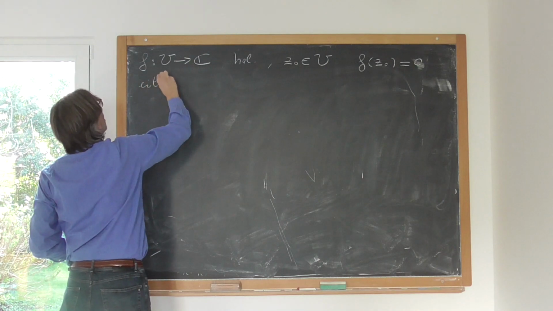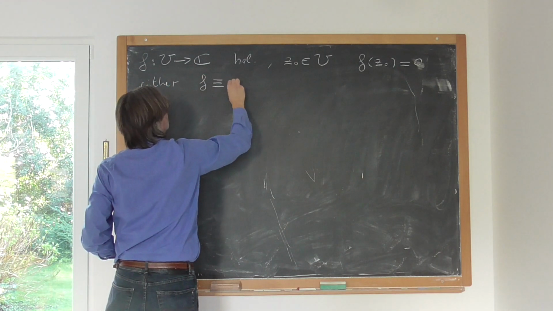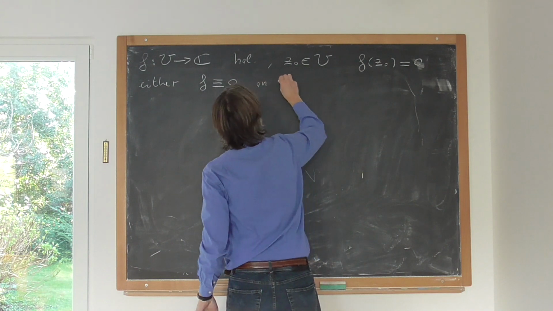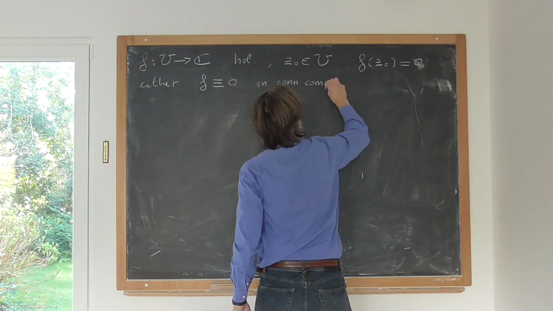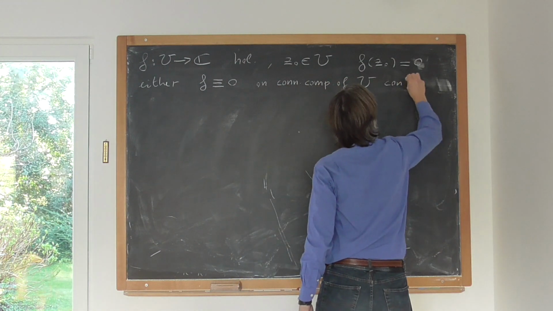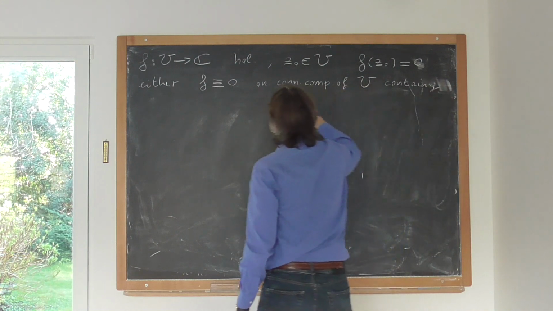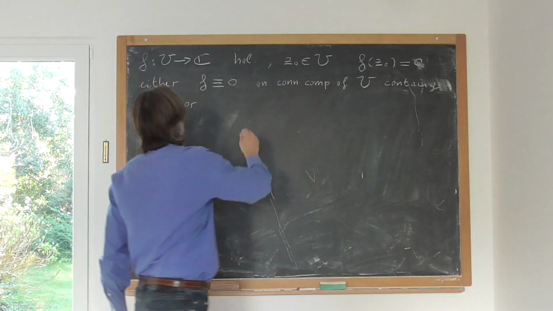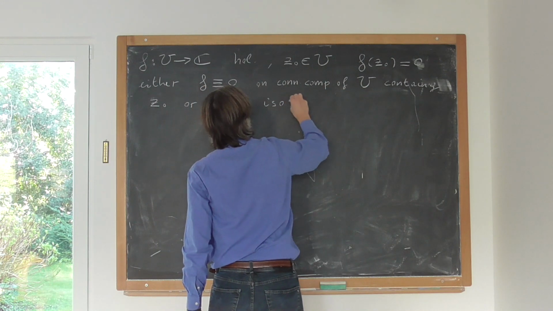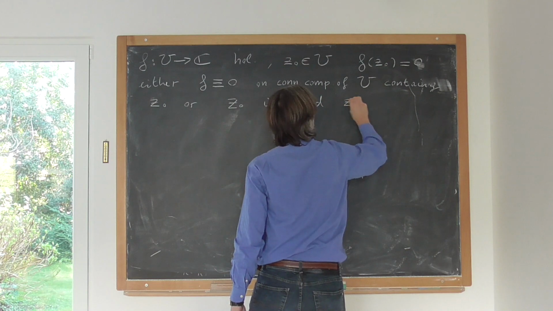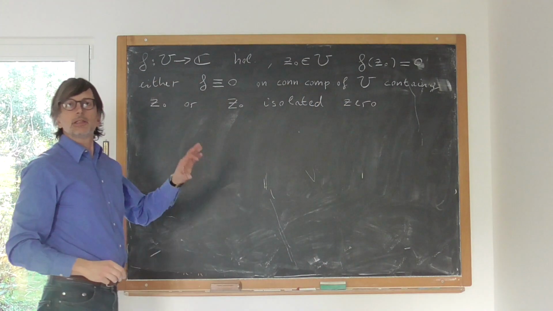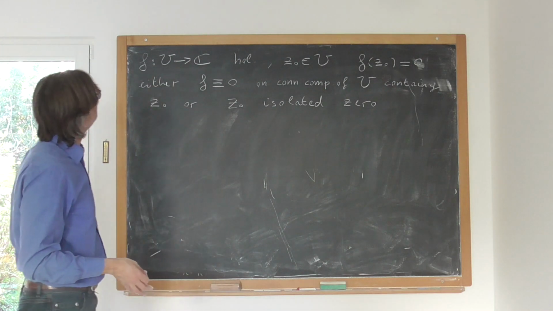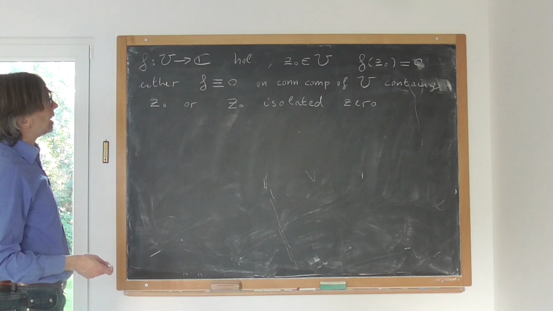Either f is identically 0 on the whole connected component of U containing z naught, or z naught is an isolated 0, meaning that there exists a punctured disk centered at z naught in which there are no zeros. Okay, this you have seen in the first part of the course.